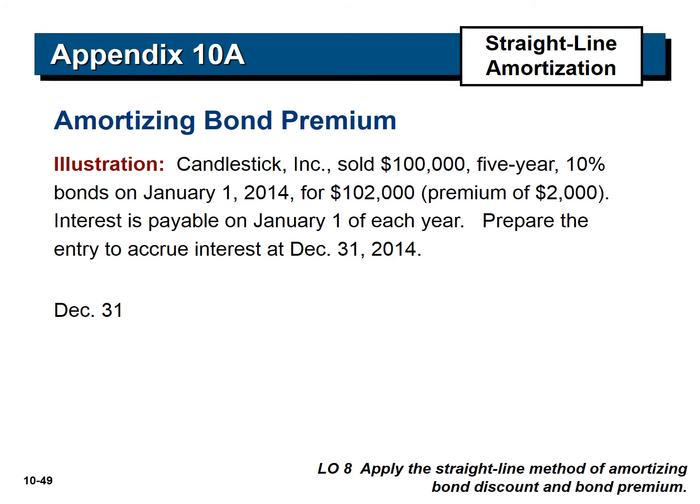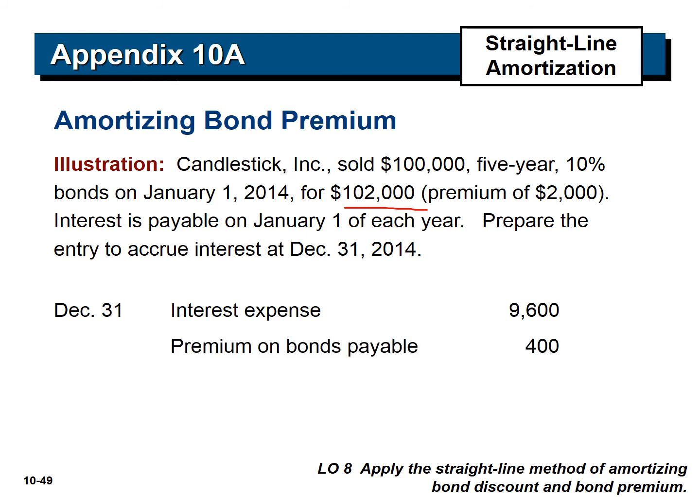So this is the same example except with the premium, the $102,000 issue price. The entry to accrue interest from the amortization table, you just pull off the numbers from there and you see that the interest expense is $9,600, the premium is debited to amortize it, and the interest payable is $10,000.